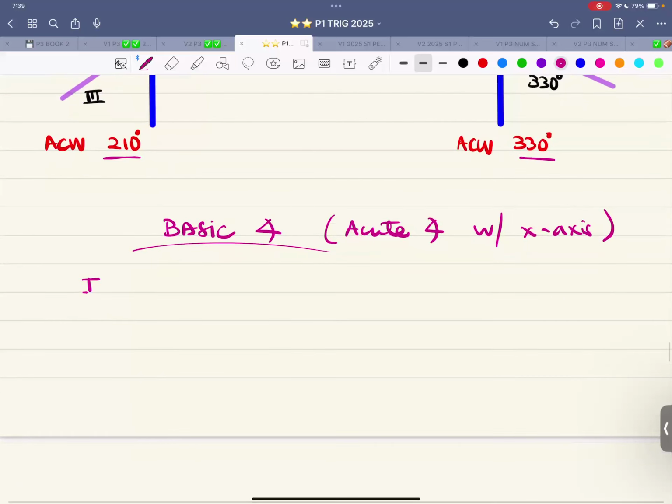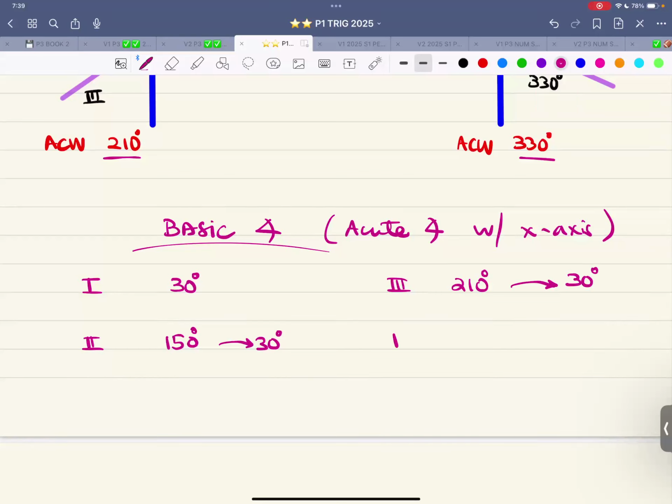In the first quadrant, 30 degrees is the angle. In the second quadrant, 150 degrees has a basic angle of 30. In the third quadrant, 210 degrees also has a basic angle of 30. In the fourth quadrant, 330 degrees also has a basic angle of 30.